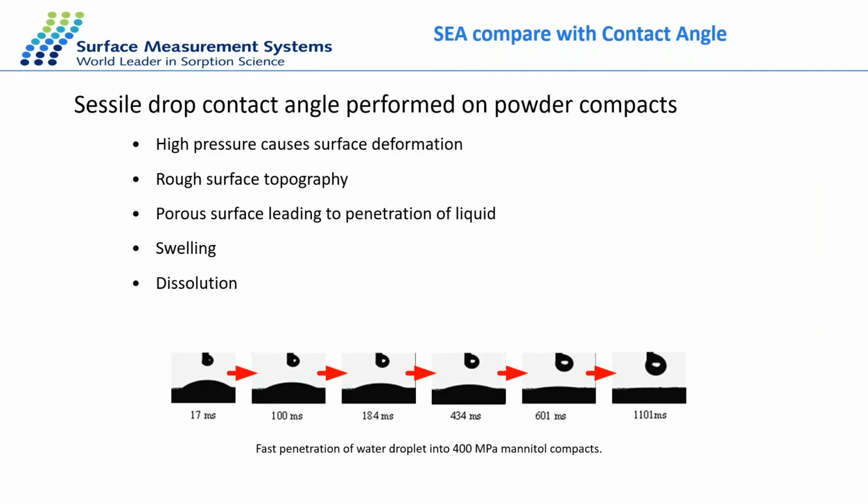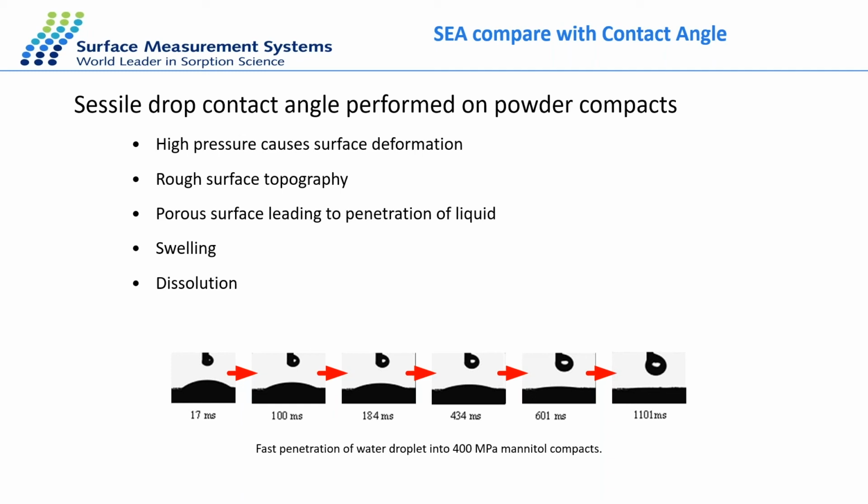While in case of contact angle, it's really hard to perform the measurements on the same surface where you already measured the contact angle, especially if it's a powder or a sample which can absorb water. In case of powders, and you use contact angle, you have to create a flat surface.